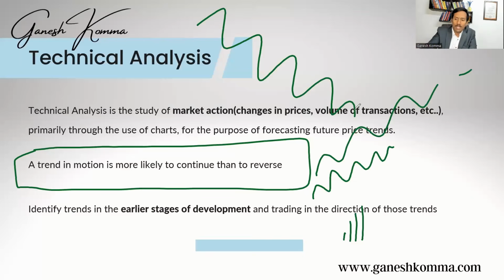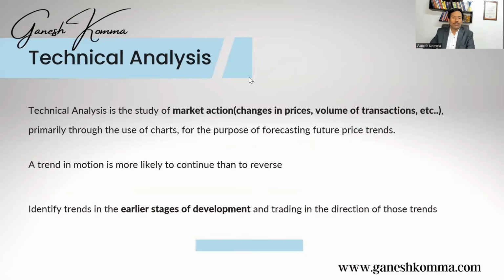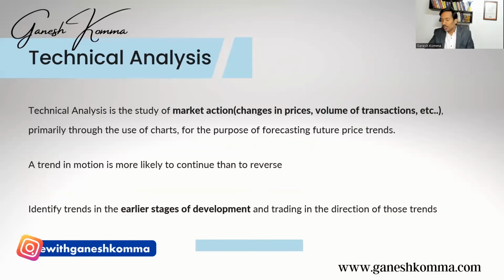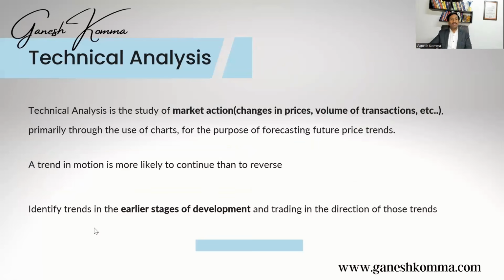Wait for the trigger to start, and when it starts its movement upwards, then we will be there, right? So please understand, a trend in motion is more likely to continue than to reverse. That's why we always look at stocks or sectors which are trending, right? And identify trends in the early stages of development and trade in the direction of those trends, right?